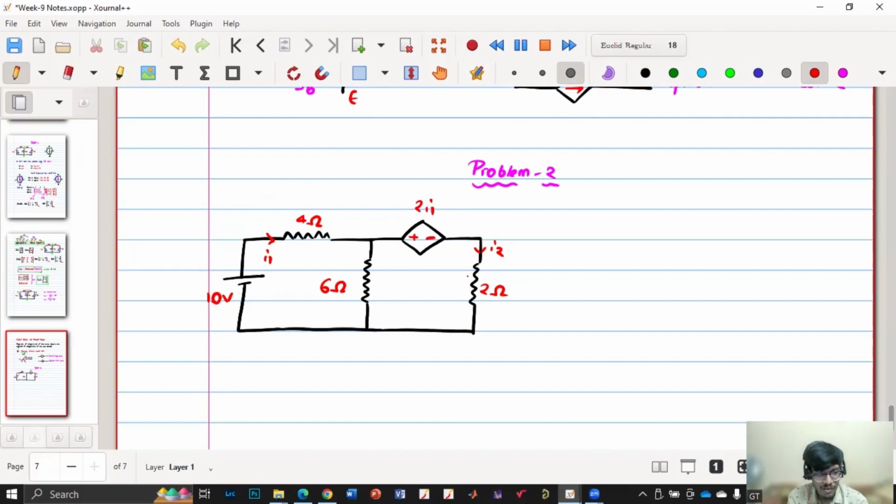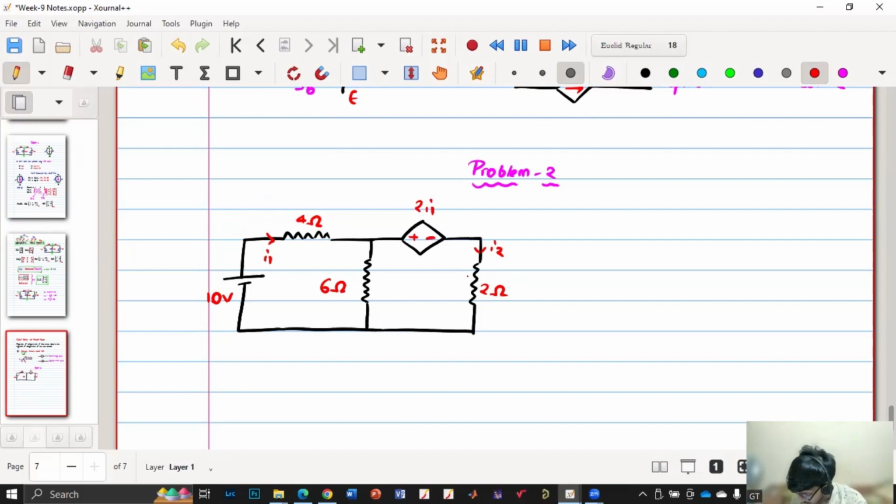First of all, we don't know I1, and we don't know this voltage source either. If the current I1 is 1 ampere, then this voltage source is 2 volt. If the current is 0, then this is 0. The basic idea is simple: it's not a fixed value, it is a dependent value, and you have to solve using that.